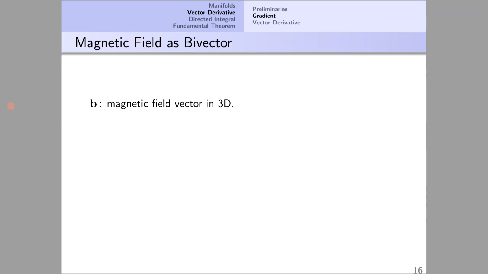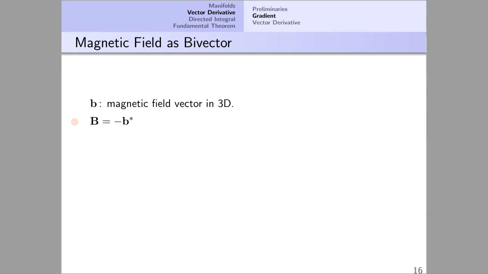This slide and the next compare the formulations of Maxwell's electrodynamic theory in vector calculus and in geometric calculus. In vector calculus, the magnetic field is represented by a vector. Usually, the vector is denoted in uppercase B, but I have another use for uppercase B, which is this.